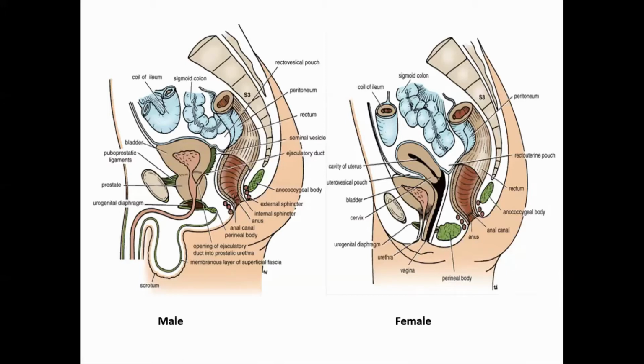In case of the male, there is a reflection of the peritoneum between the bladder and the rectum forming the rectovesical pouch. But in case of the female, in between the bladder and the rectum, there is a uterus and the vagina.